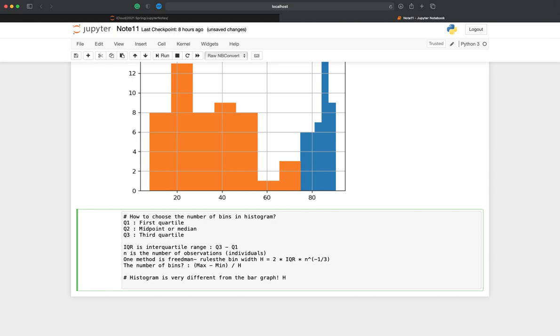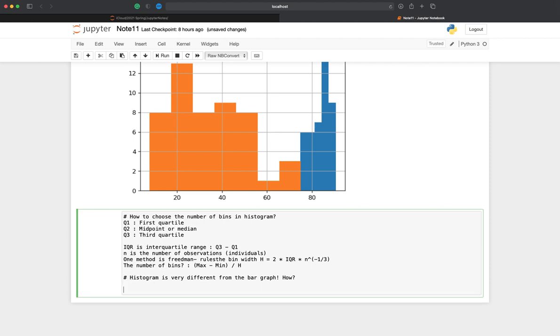You can investigate this and see how they are different. Maybe after this video, when I'm showing another bar graph, I will come back here after this example and explain and show you what the difference is.